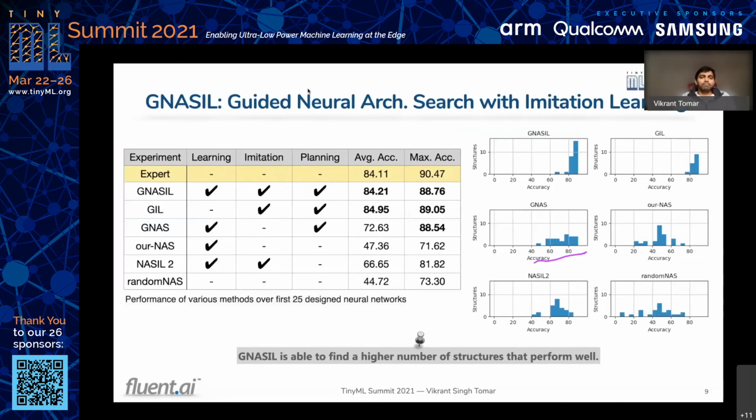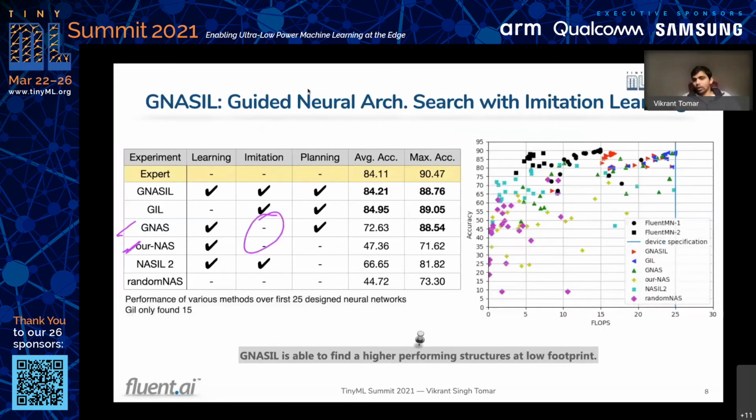So good. Another question that's coming in: what is the model size of your GNASIL based model? So the cap here, if you go back here, we measured previously in terms of the number of parameters, but what we found later, especially when implementing on tiny devices, is that more than the number of parameters, the exact implementation of those, and therefore the actual number of operations, is more important.